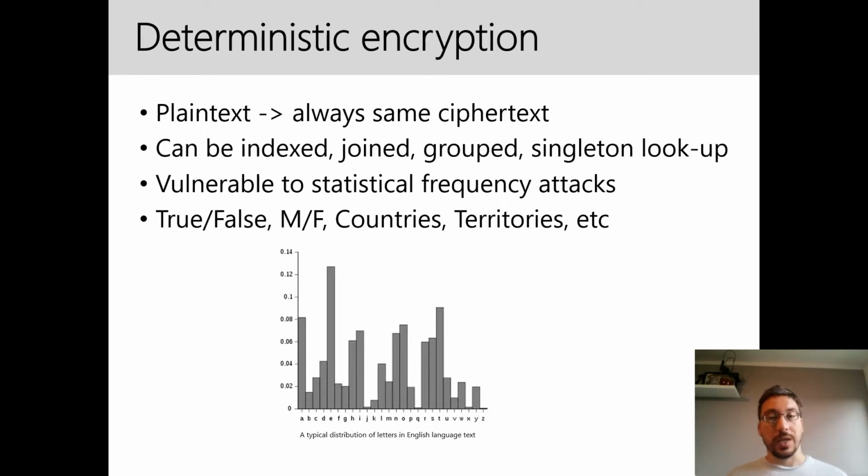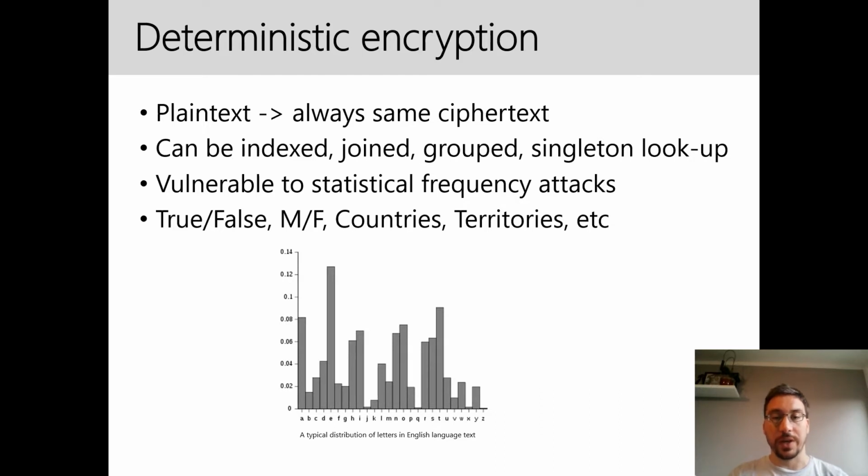So if you have a column that has very few unique values, like true, false, or male, female, or countries or territories, etc., it's relatively easy to create an algorithm that will, with high probability, guess what those values are, right?